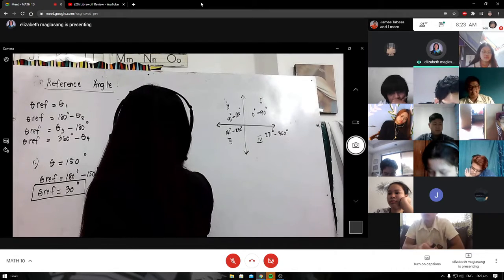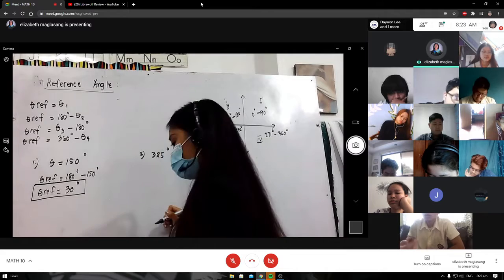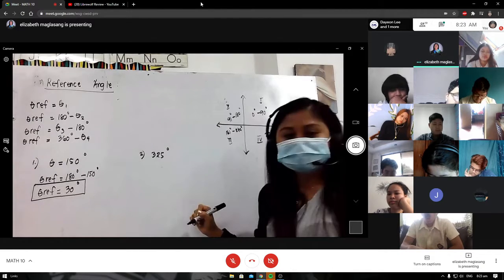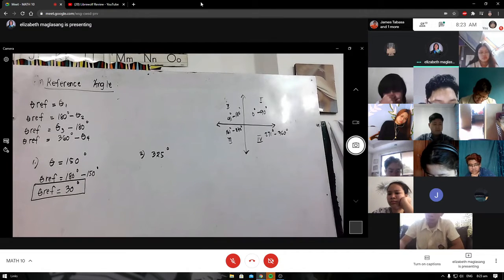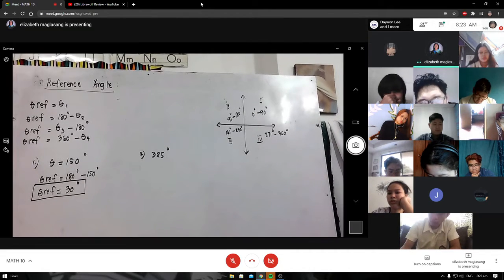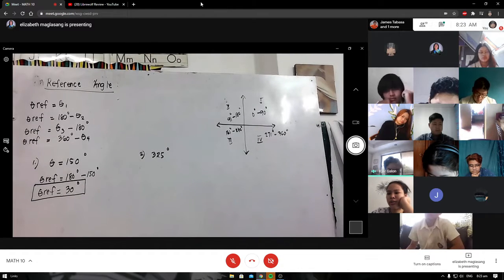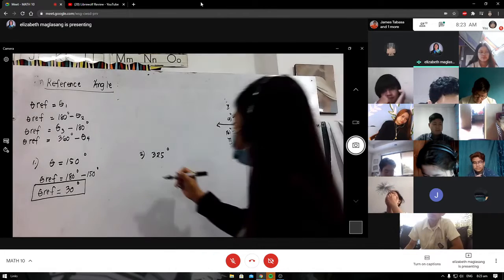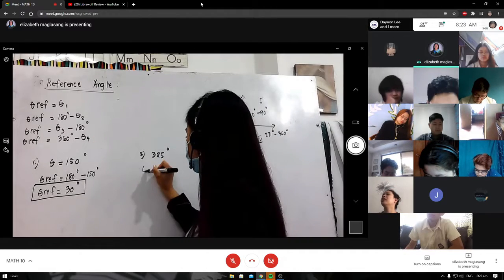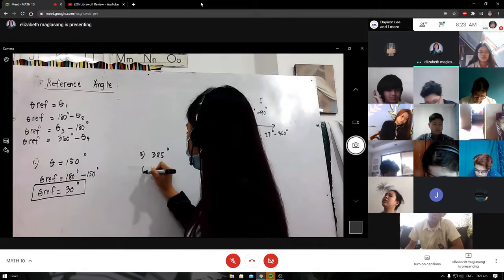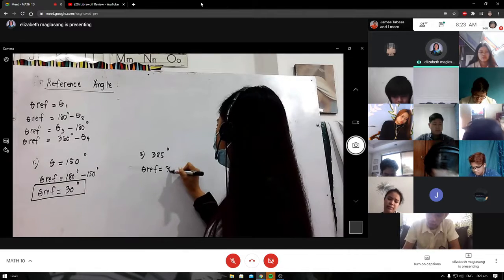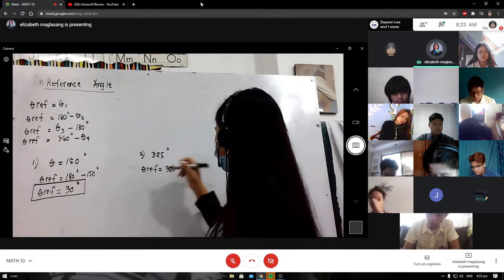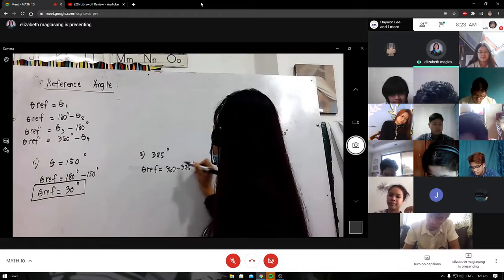What if your given degrees is 325? 325 is what quadrant, class? Quadrant 4. So the formula in quadrant 4 is reference angle equals 360 minus the given angle, which is 325 degrees.